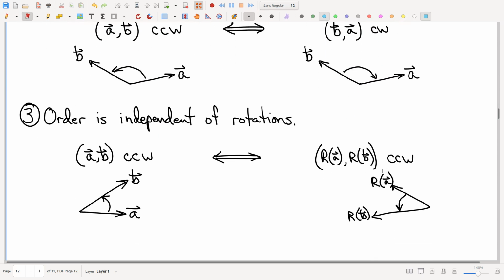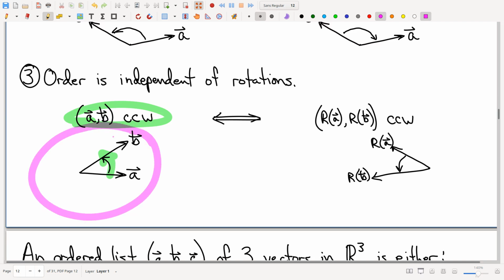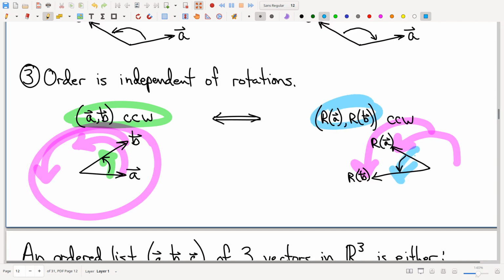And then lastly, I think this is a nice property to observe. If you have a counterclockwise list, such as I have here, and if you then take the entire picture and rotate both of the vectors like so, the resulting list of rotated vectors is still counterclockwise.